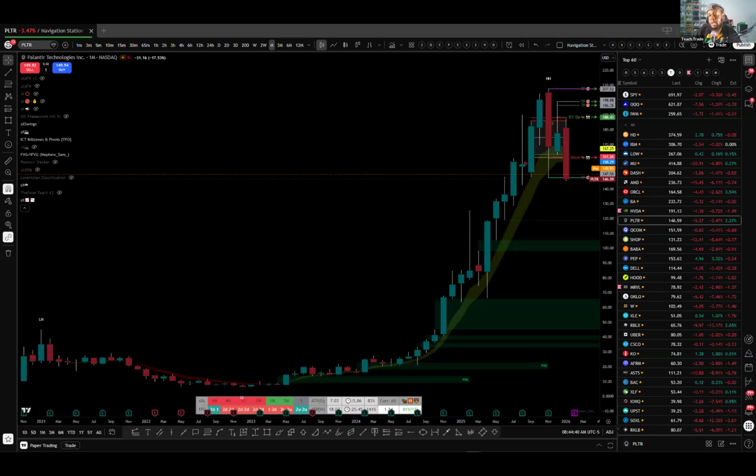So those are some of the names that you want to keep in mind as we go into this AI age, even if it doesn't have a good chart on the monthly. NVIDIA, TSM, Intel, ASML, because they also have a monopoly on the technology to make a certain type of chip.